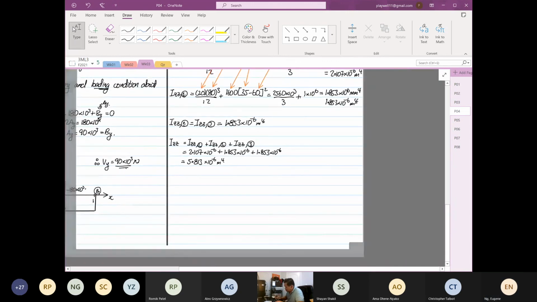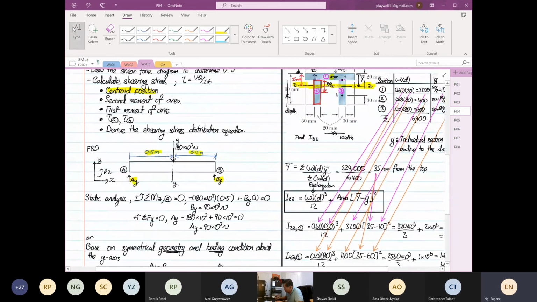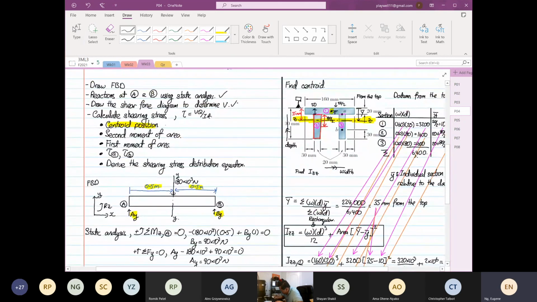So where we are now, we have done our centroid, we have done our second moment of area. Now we are going to find our first moment of area.